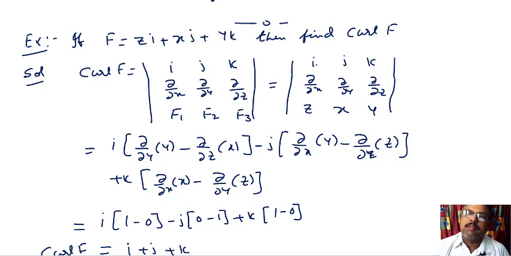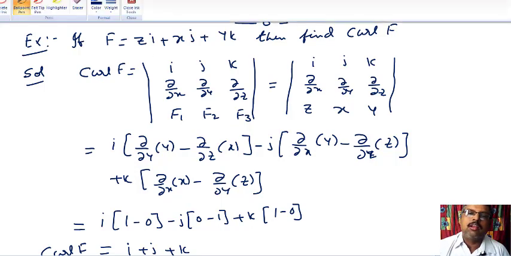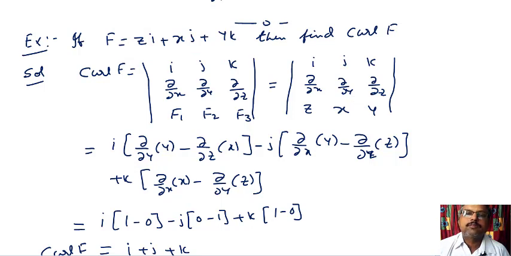Now find the determinant: i into dou by dou y of y minus dou z by dou x. This is the first term.